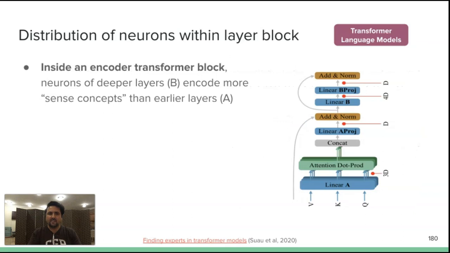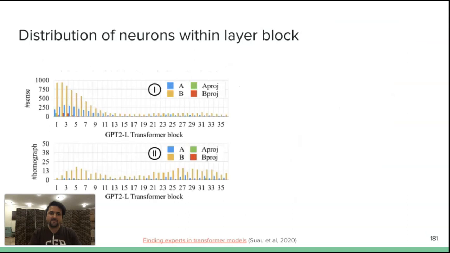In another research on interpreting pre-trained transformer models, Shaw et al. analyzed submodules within a transformer block and showed that shallow layers in a transformer block accumulate more concepts than deeper layers. The task here is word sense disambiguation or homograph, where a word could mean different things based on contextual information.